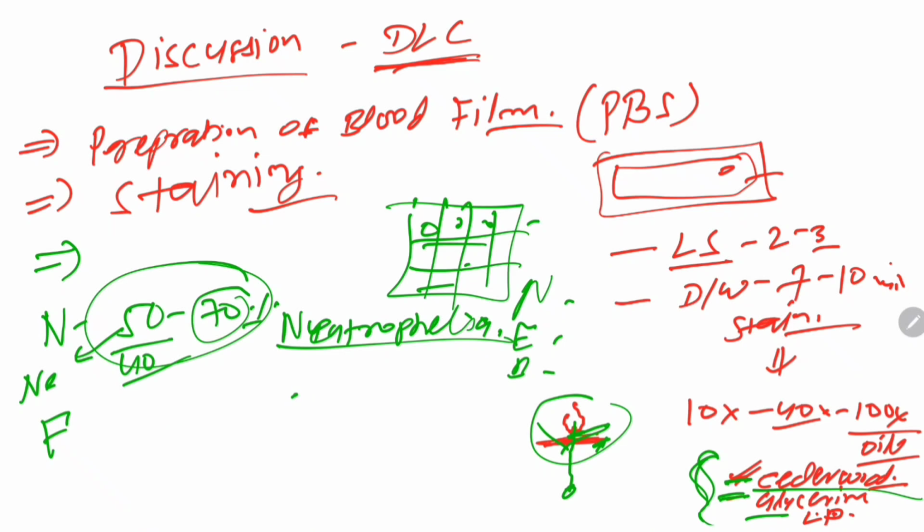Basophilia is there, but basopenia is not there because 0 is also considered normal. So basophilia only occurs if the count is more than 1%. Then lymphocytosis, if the count of lymphocytes is increased, and if less, then lymphopenia. Then if monocytes are increased to more than 8%, it is called monocytosis.